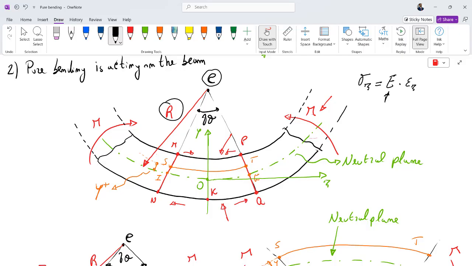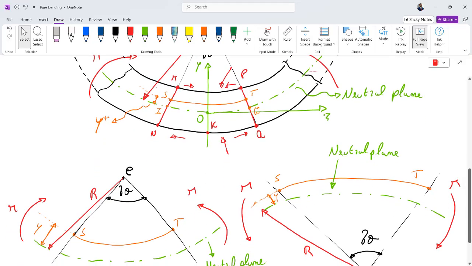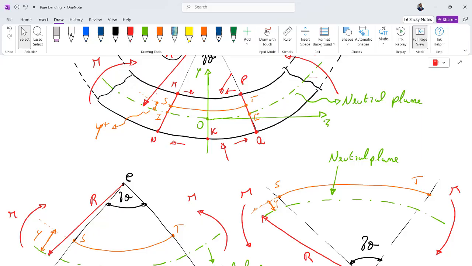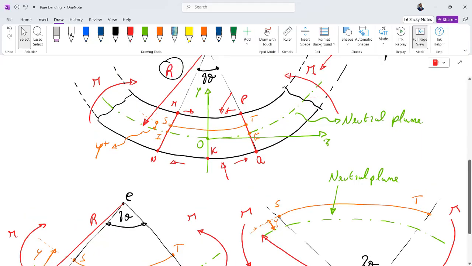After these two important assumptions, we can see that the neutral plane in this case is deformed. As said before, the deformation of this neutral plane is quite similar to circular.